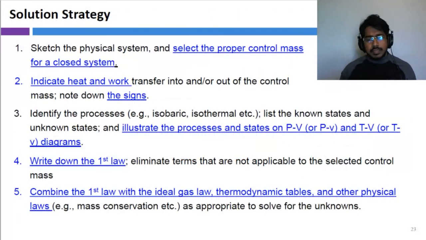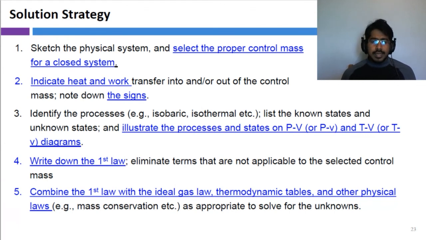Okay, now to summarize the solution process for first law questions, or any thermodynamic question that we are going to do in this course. The first one, sketch a physical system, right? So you sketch the system and pick the proper system boundary, because drawing the physical system is important. It gives you a sense of what's happening when it says a piston cylinder mechanism.